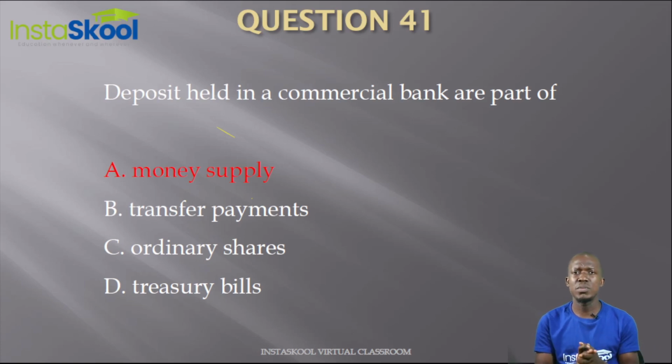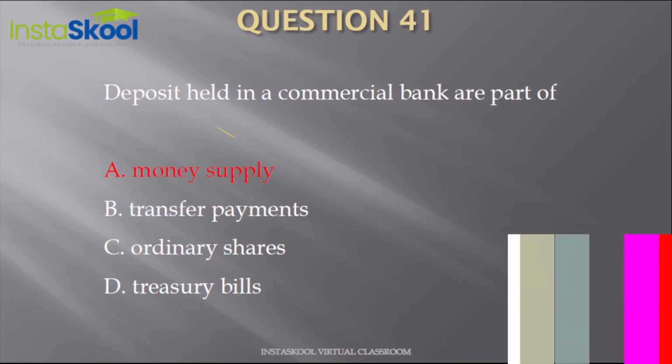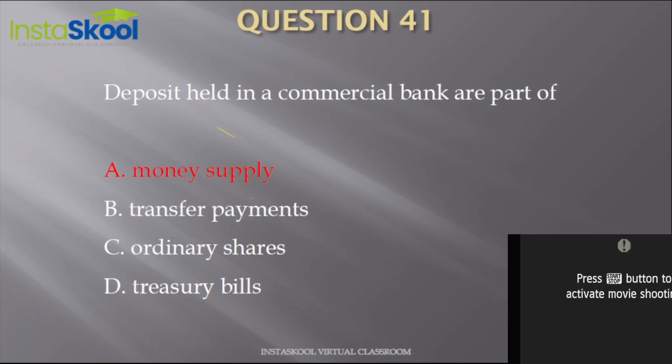That's transfer payment. Take, for example, an organization donates some foodstuff to an orphanage. That is transfer payment. Take, for example, a country sends money to Nigeria to help internally displaced persons. That is transfer payment.